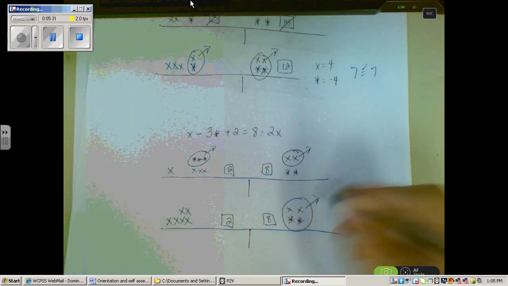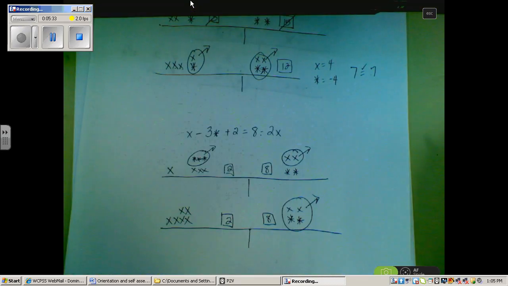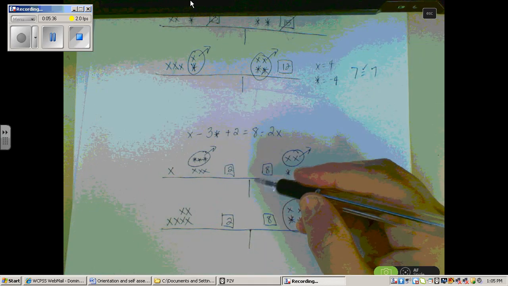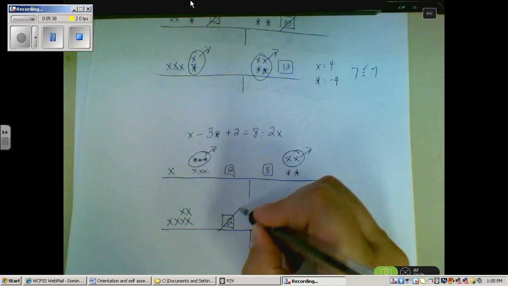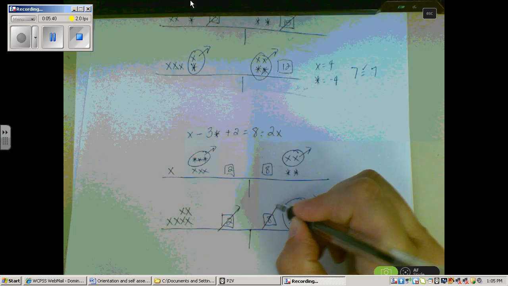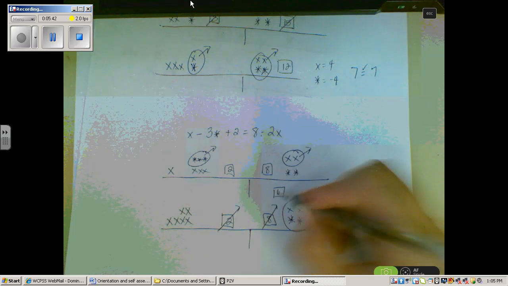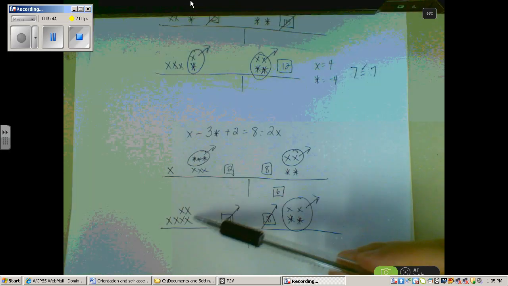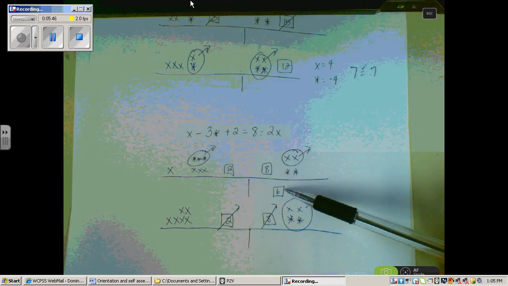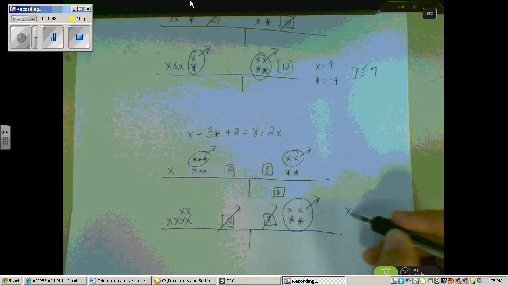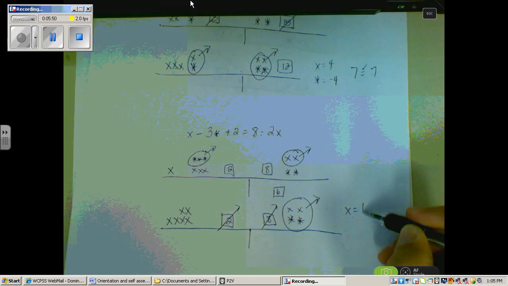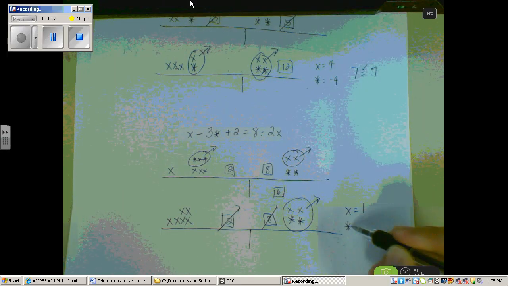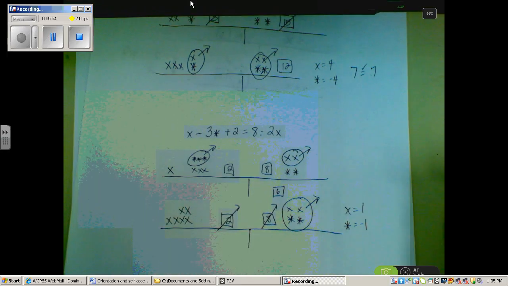Now I can remove my opposites. I can also take away my numbers. And I'm left with 6. Now I have 6x equals 6. Therefore, x equals 1, star equals -1.